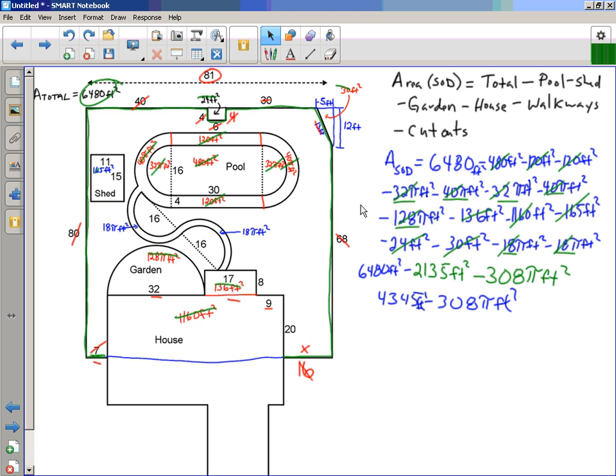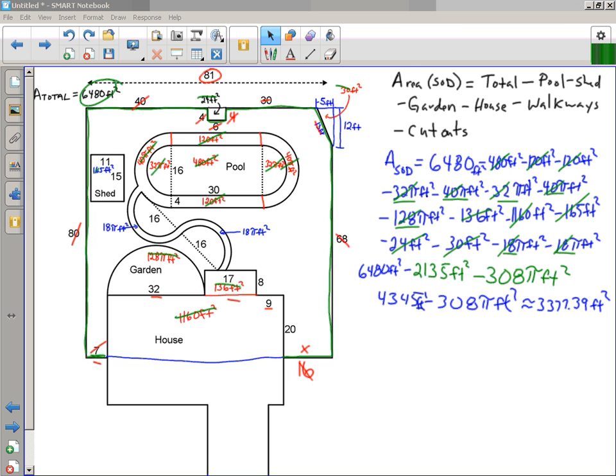And you're going to get 4345 minus 308 pi, approximately 3377.39 square feet. Okay, I'm going to pause that while I check.